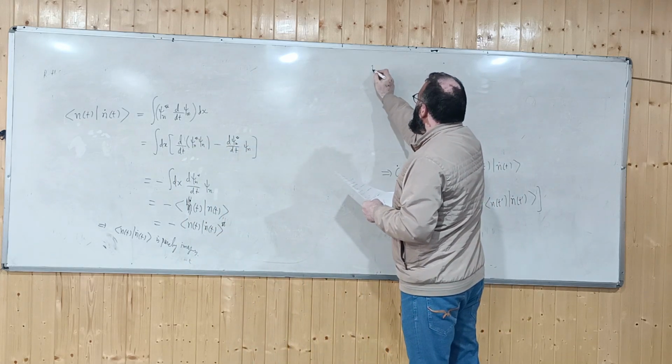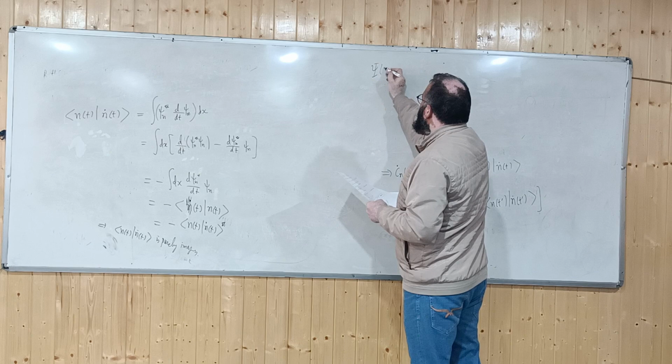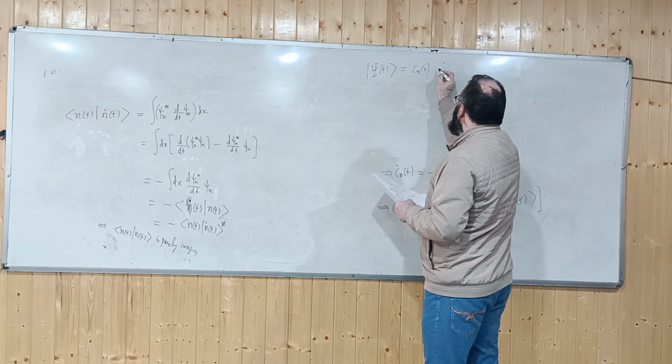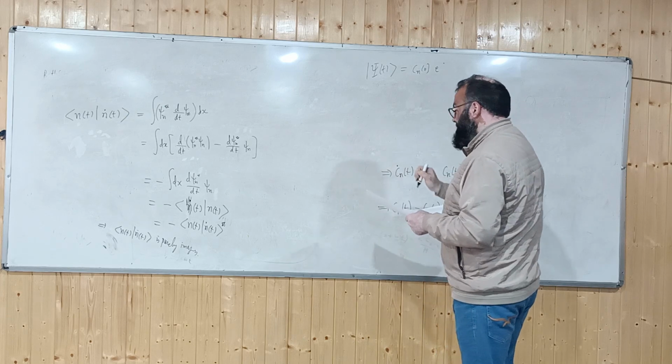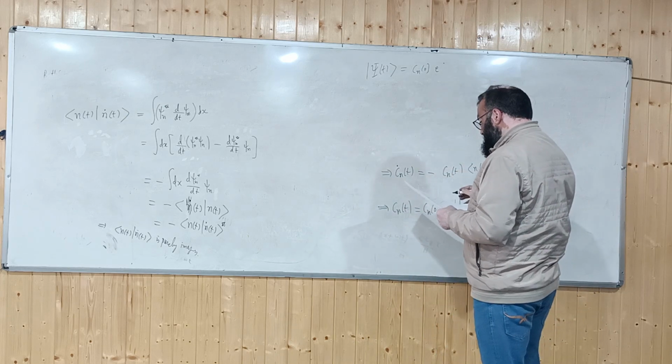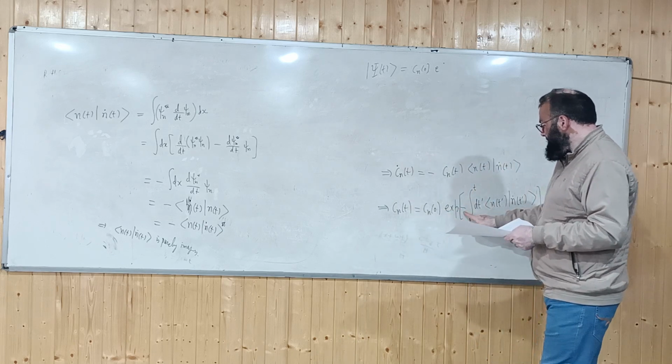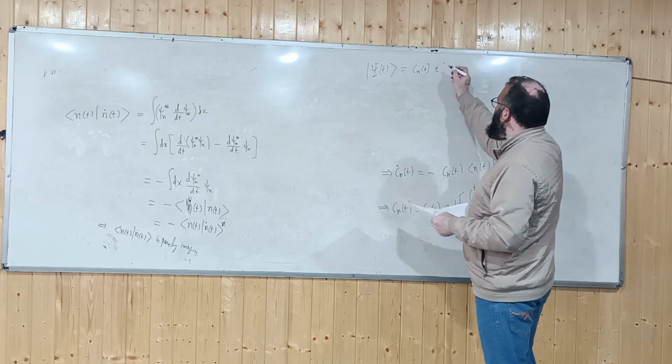Okay, so let me write it as psi of t, like this. So what is Cn of t? It is Cn of 0, e raised to the power, okay, I will put a minus i. Since there is a minus sign, I will put an i squared.